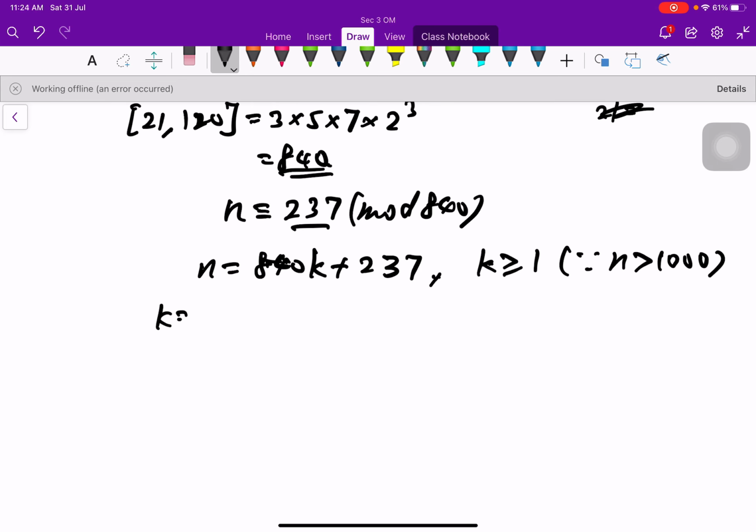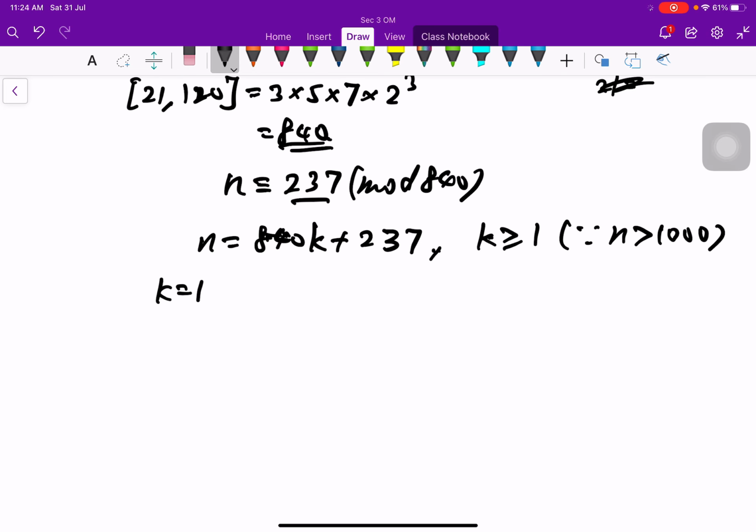Therefore, if I take my k to be 1, can you see that n will be just 1077? But 1077, you go and divide, it actually gives you 6 modulo 63.